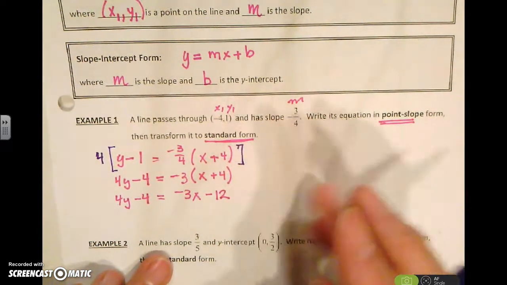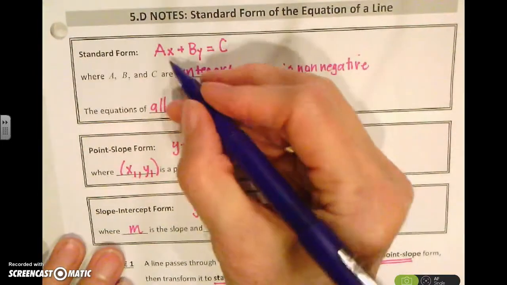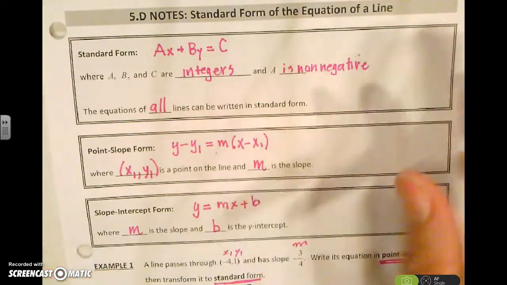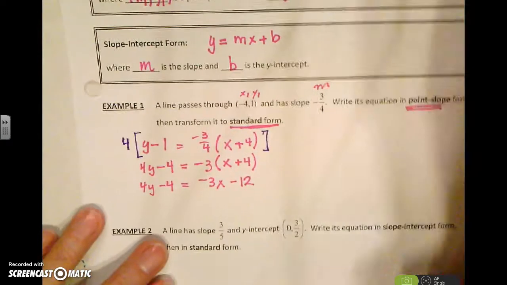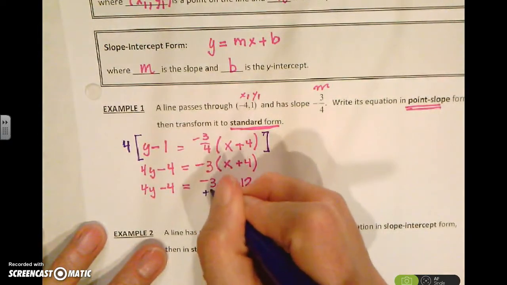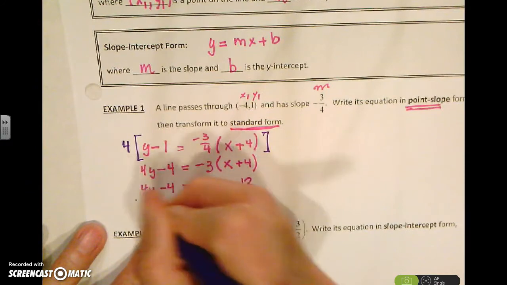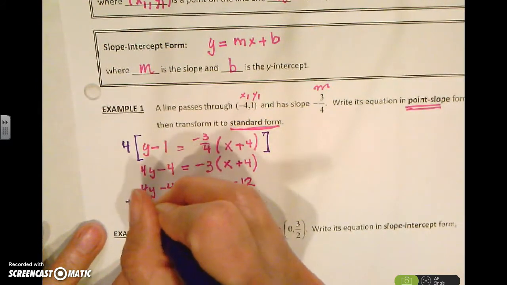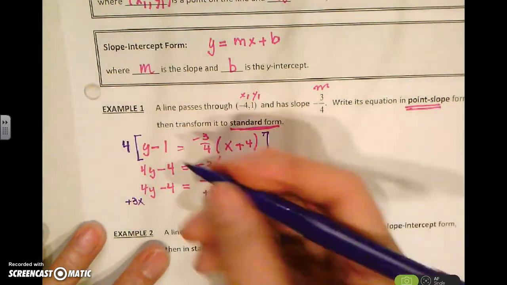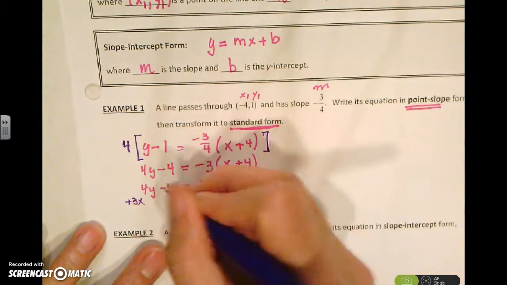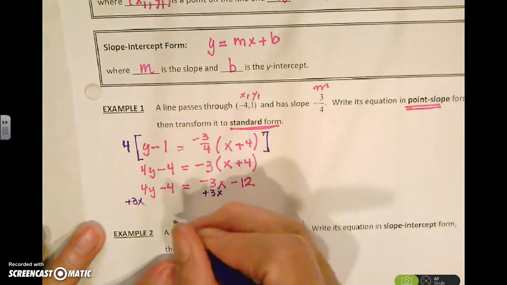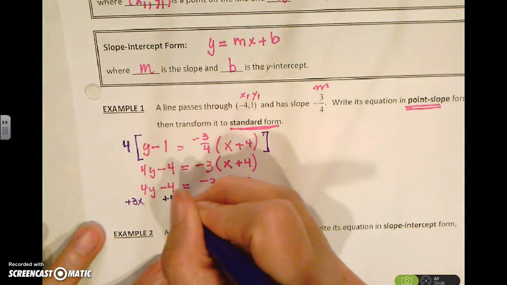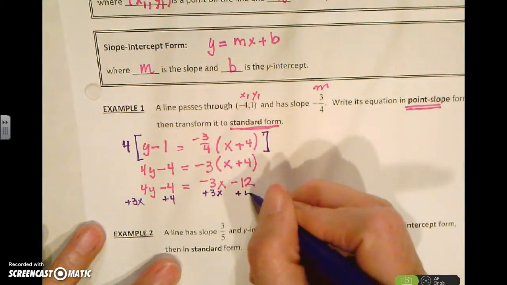Now I need to have my x and my y on the same side. So I'm going to add my 3x to both sides, put it out front there. And at the same time, I'm going to get my constant to the other side because I'm running out of room. So I'm going to put plus 4 and plus 4.